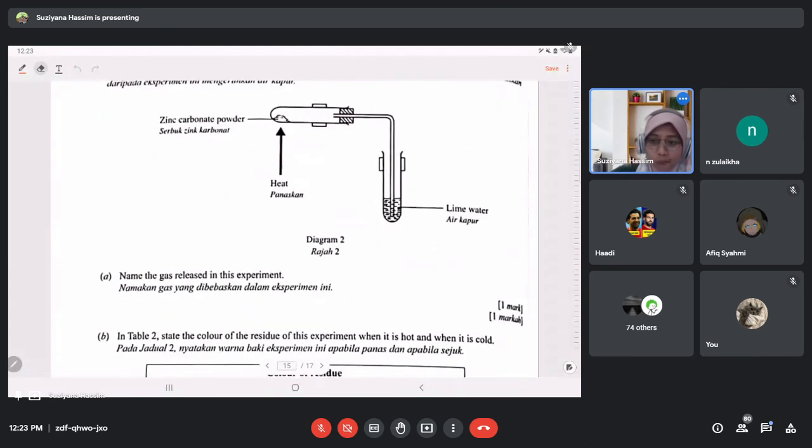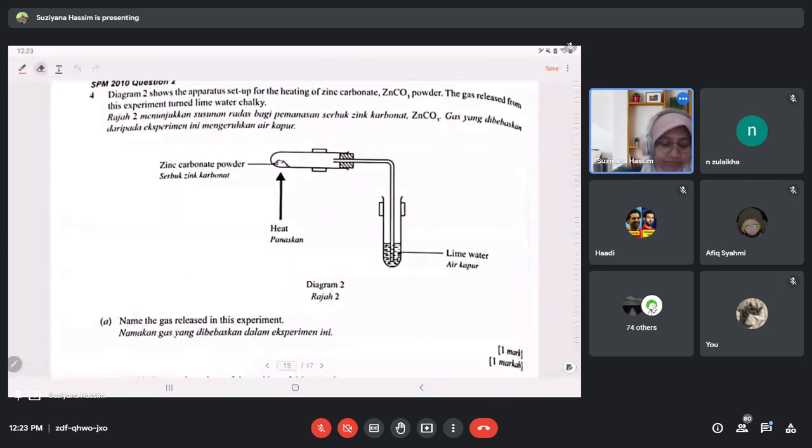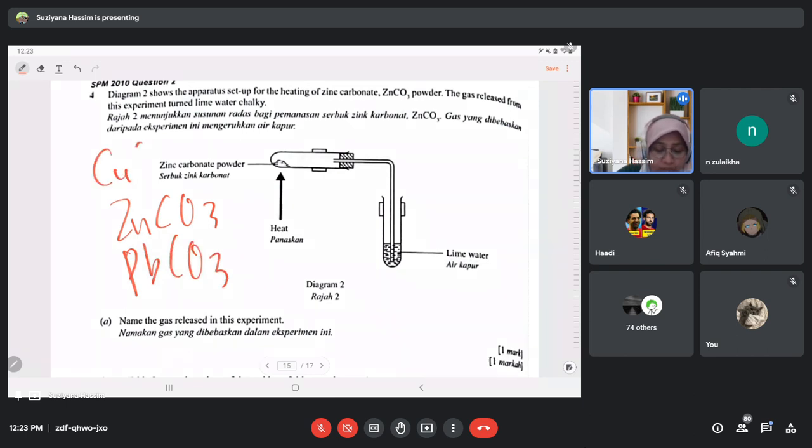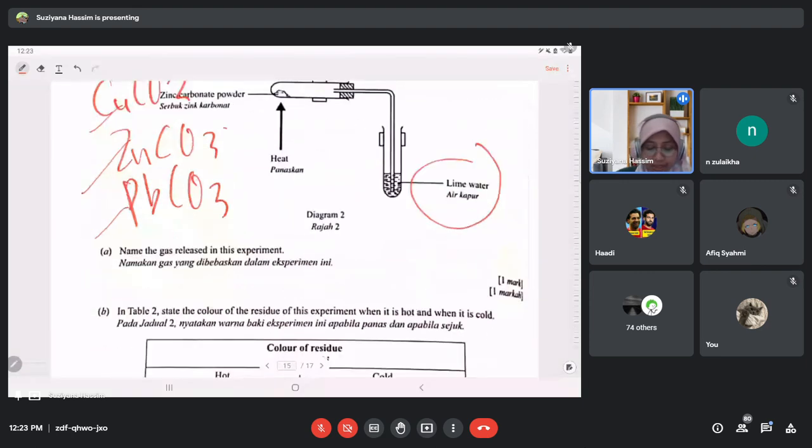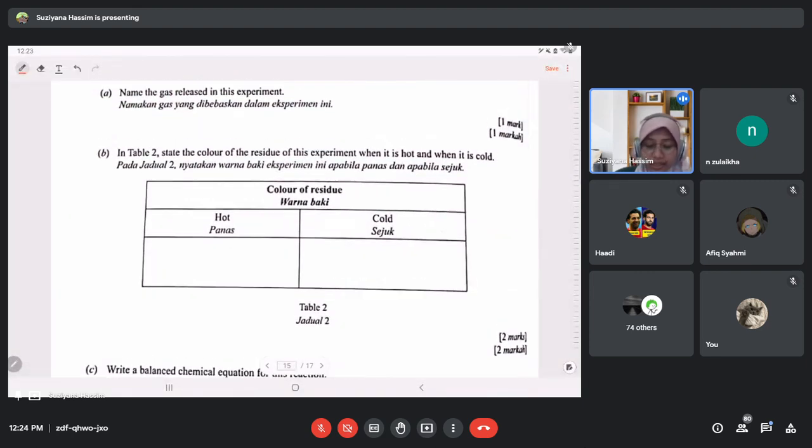Okay? Mengenai zinc carbonate. Zinc carbonate popular, lead carbonate popular, copper carbonate popular. Diagram: lime water turns chalky. What is the name of the gas? So this is an SPM question. And then what is the colour when it's zinc?